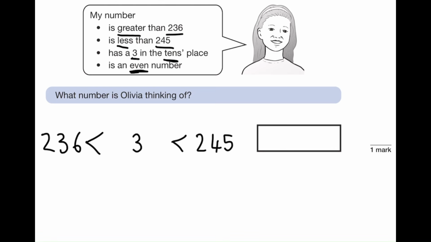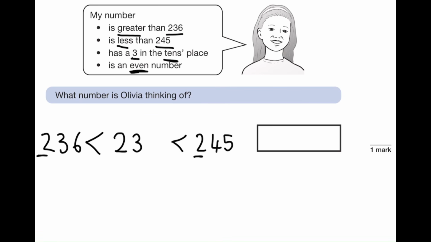So because we know it's between 236 and 245, it must start with 200. As it's greater than 236 but less than 245, we know that it must be anywhere between 237 to 244. So it starts with a 200.